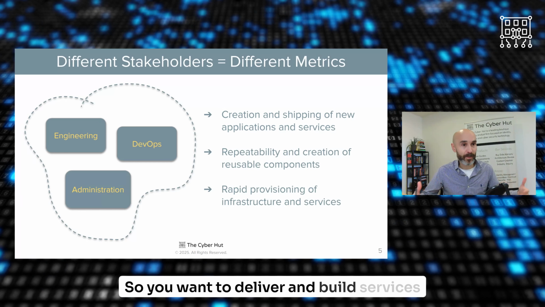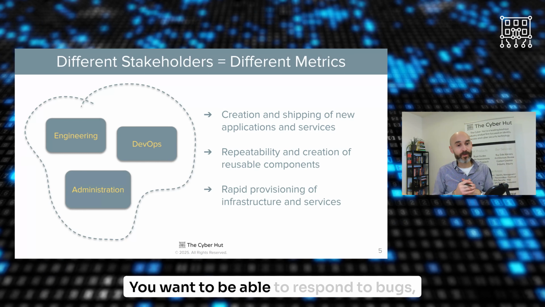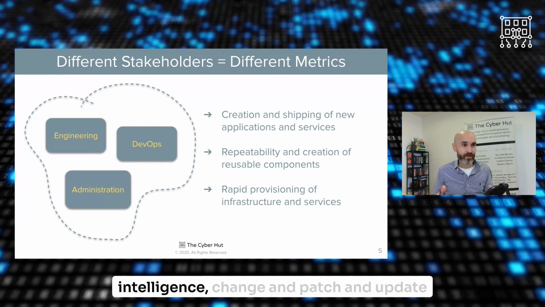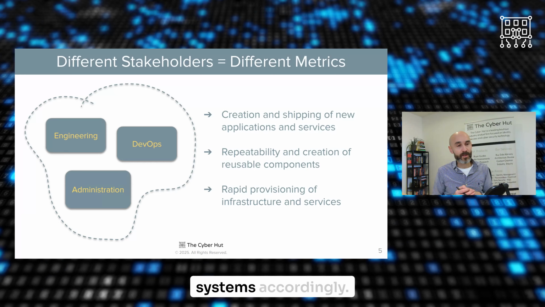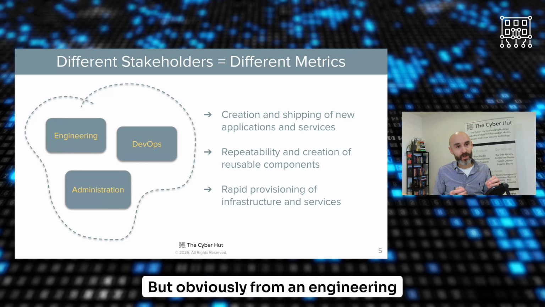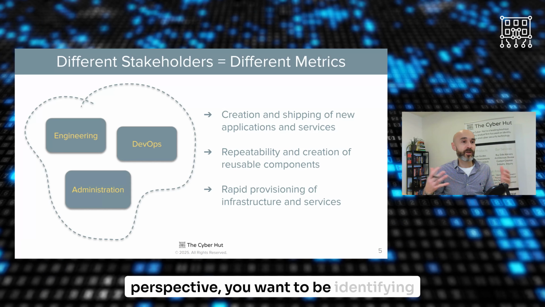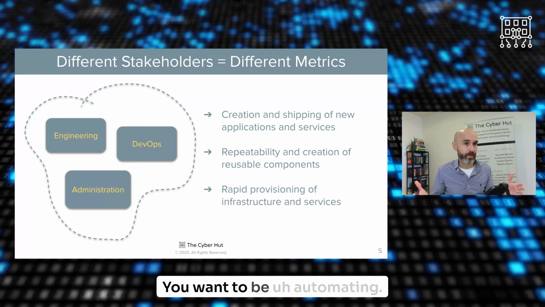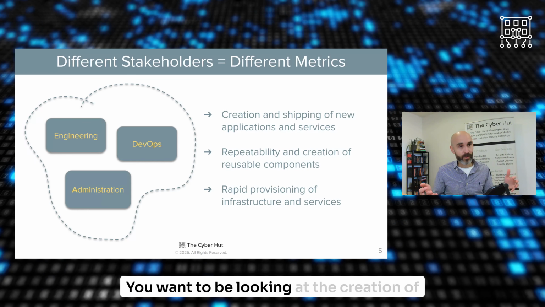So you want to deliver and build services rapidly. You want to be able to respond to bugs, respond to requests of enhancement, respond to threat intelligence, change and patch and update systems accordingly. But obviously, from an engineering perspective, you want to be identifying repeatability. You want to be automating. You want to be looking at the creation of reusable components and other.